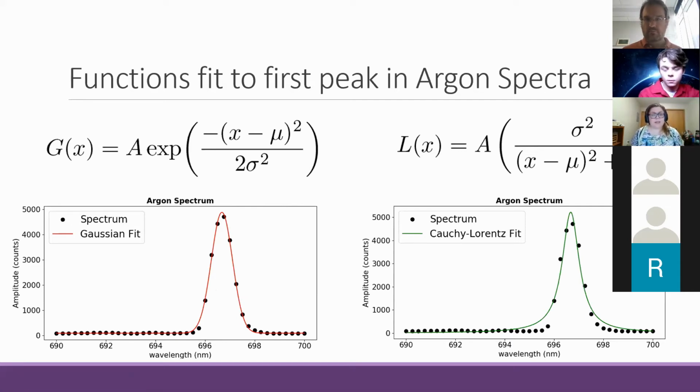And you can see in this case, the Gaussian fit was much closer to the original data than the Lorentzian function. The Lorentzian function has wider tails, and so it had an overestimation of the rising and the falling edge of this particular peak.